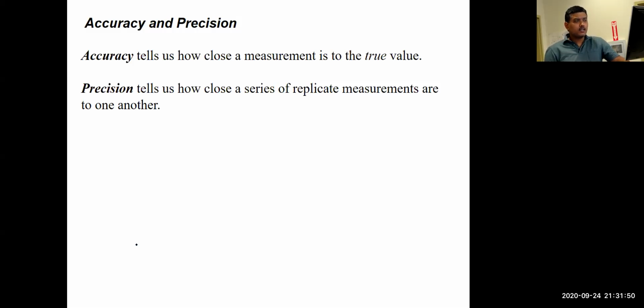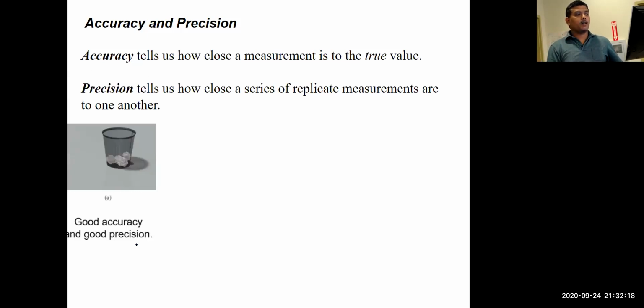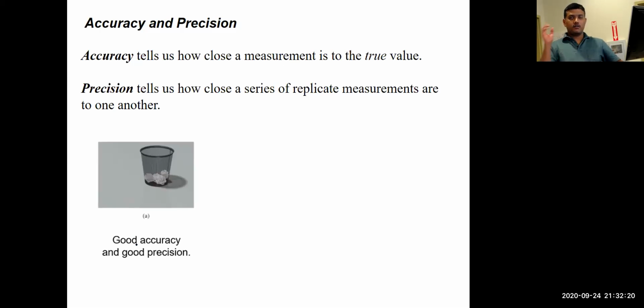Let's finish by discussing what accuracy and precision mean. Whenever you're performing an experiment, your results should have precision and accuracy as well. Accuracy tells us how close your value is to the actual or true value, and precision tells how consistent you are over repeated experiments. Let's say you try to throw paper waste into a bin.